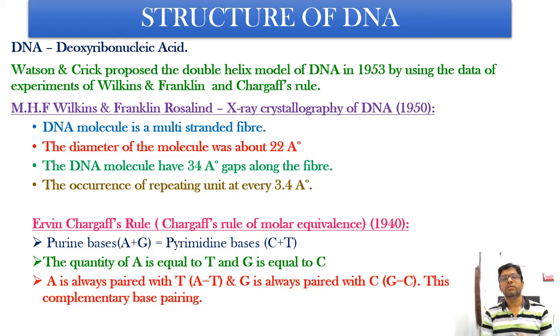By conducting X-ray crystallography of DNA, Franklin and Wilkins proposed some points. Here we are going to discuss the points which were proposed by Wilkins and Franklin. The first point is that the DNA molecule is a multi-stranded fiber.